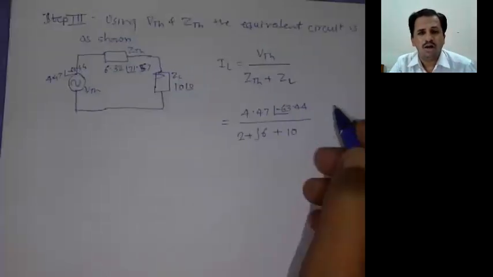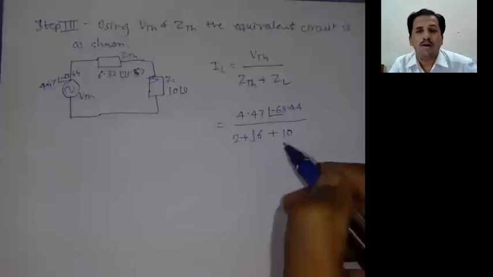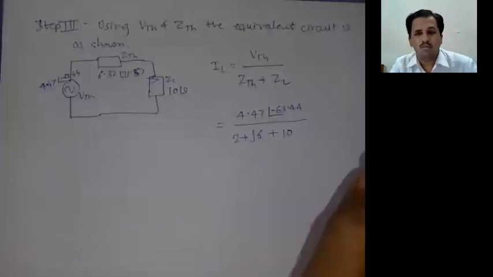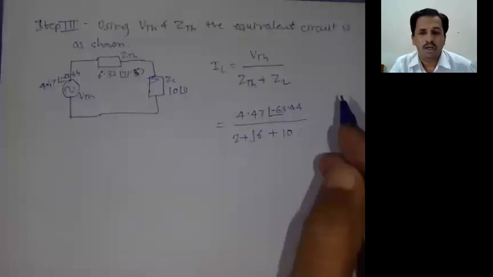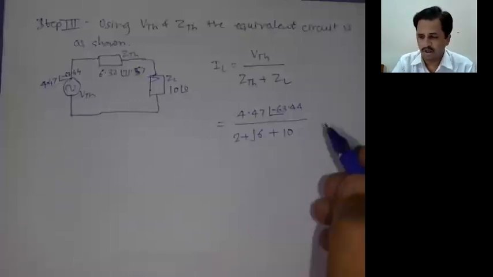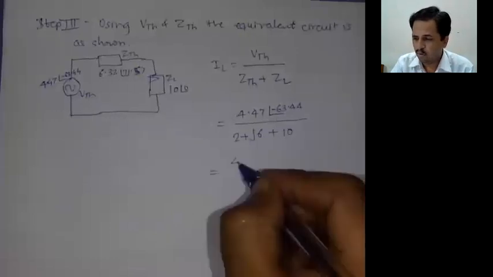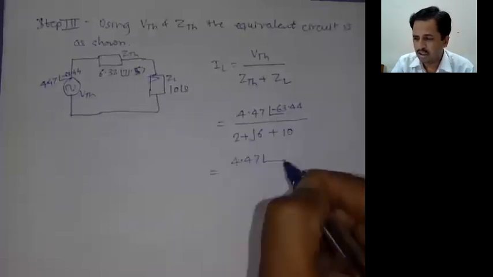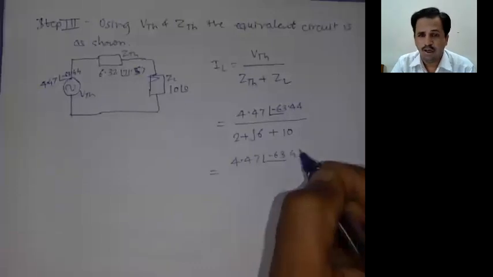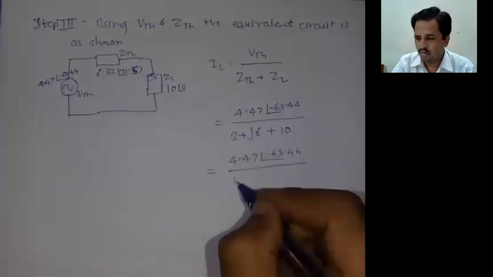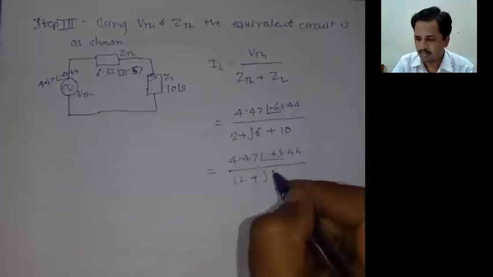It is not necessary to remember which type of component it is. Only the j term should occur: positive j for an inductive component, negative j for a capacitive component. Now the summation: 4.47 with angle minus 63.44 divided by 10 plus 2, that is 12, plus j6.